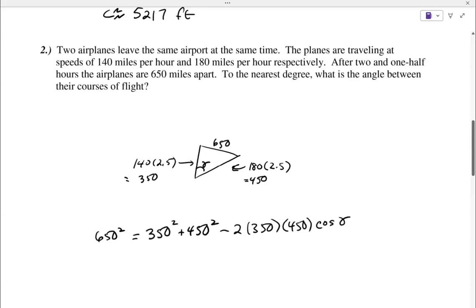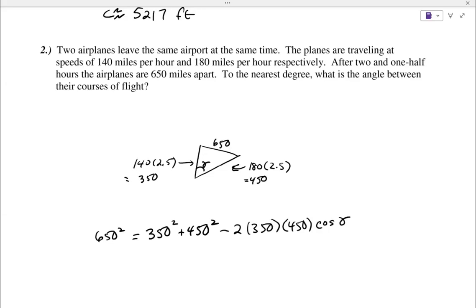Oh, yeah. Good. So the thing I labeled with gamma is across from the 650. So remember, the angle and the side that are across from each other are on opposite sides of the equation, right? I know we typically write c squared equals a squared plus b squared minus 2ab cosine gamma, but the letters don't matter, right?